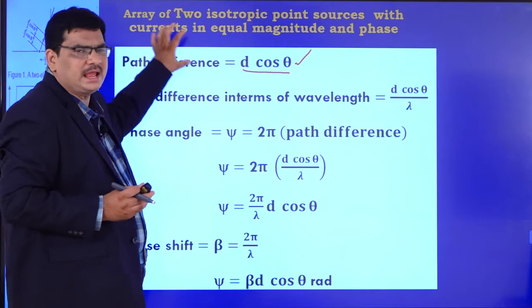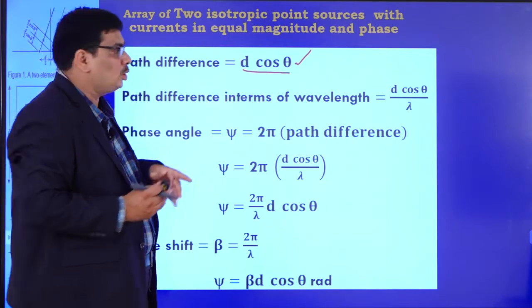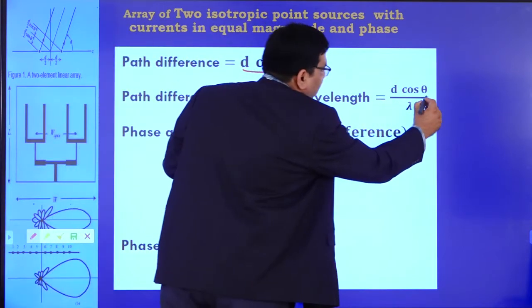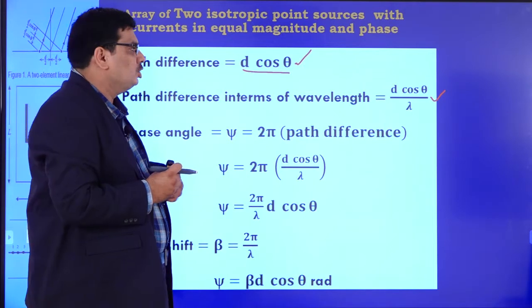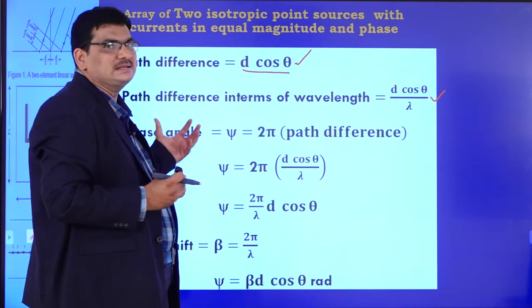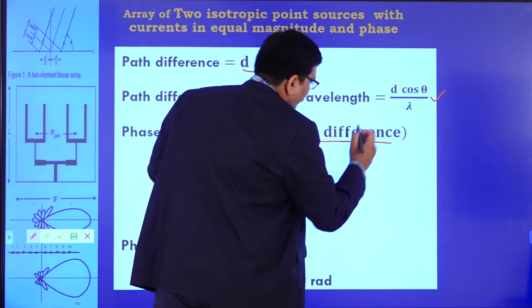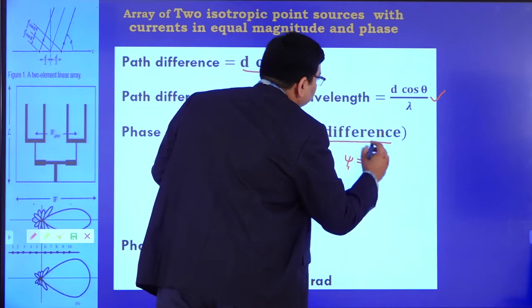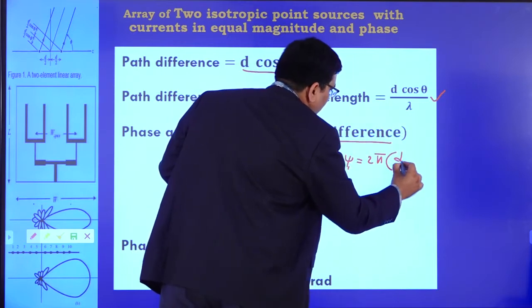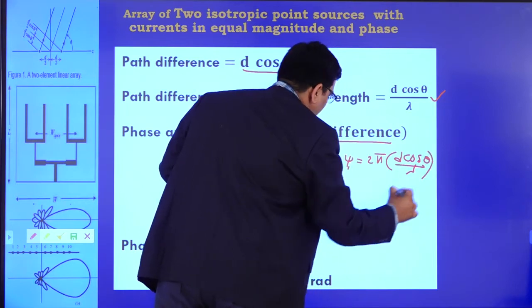Writing the same path difference in terms of wavelength, it is d cos theta by lambda. We know that the phase angle psi is equal to 2 pi into the path difference. So psi is equal to 2 pi into d cos theta by lambda.